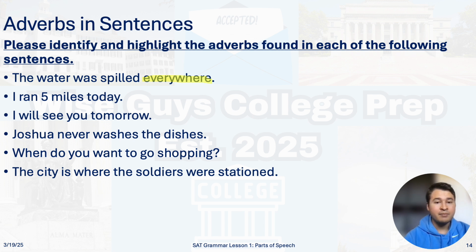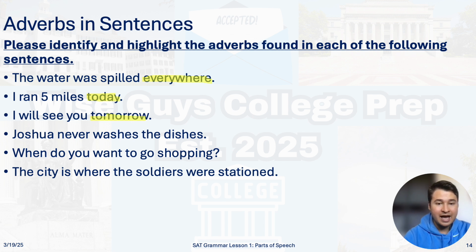I ran 5 miles today, okay? Today is the adverb here. It indicates when the miles were exactly run, the time in which you ran those miles. Now, we go on with the third one. I will see you tomorrow.